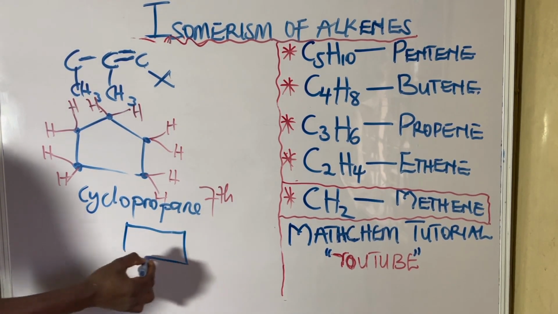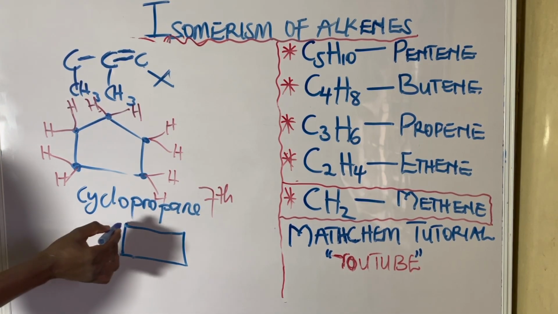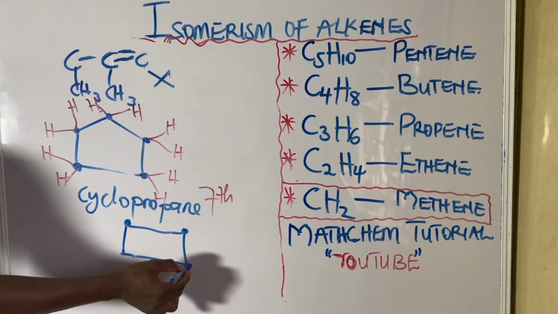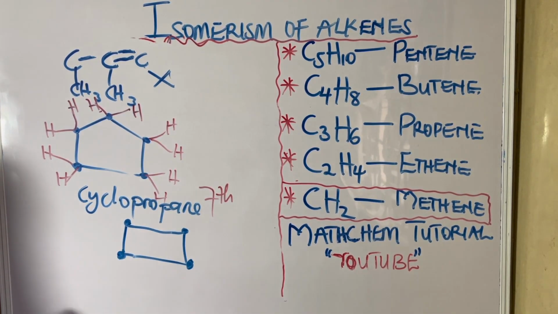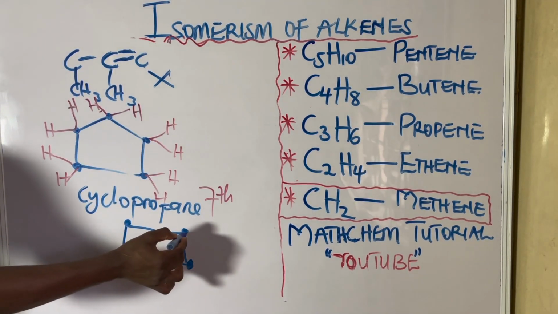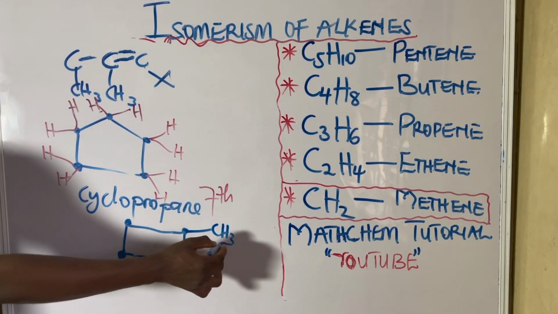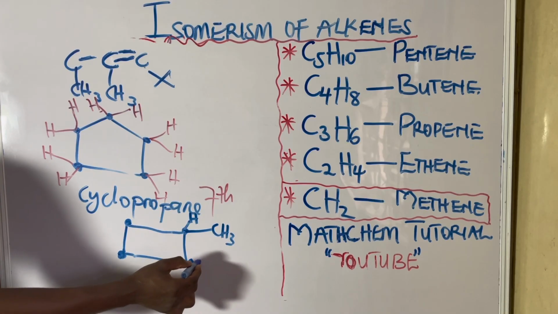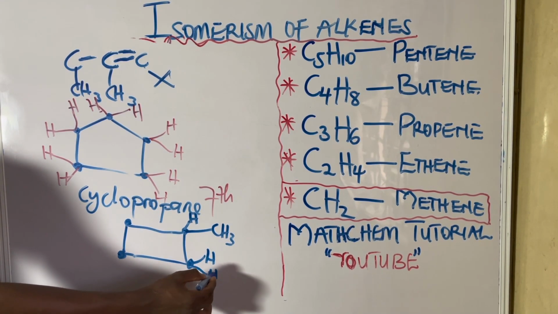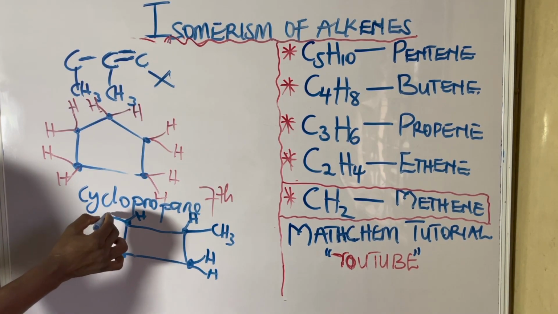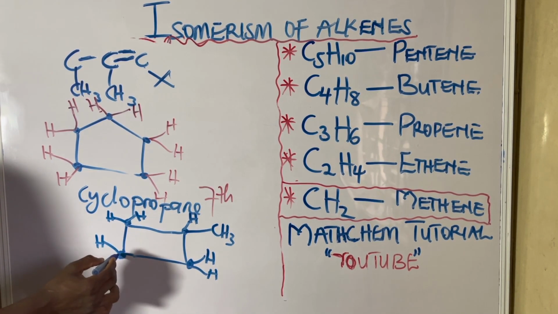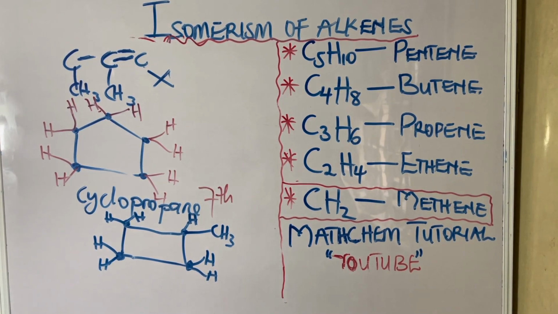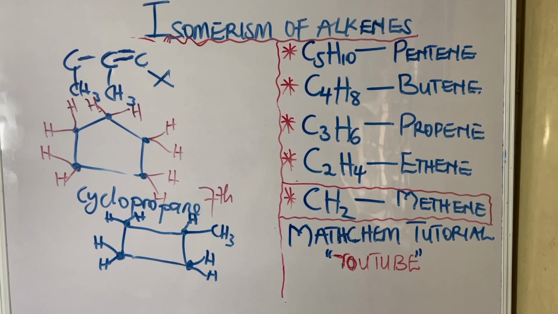If I have this compound like this, then remember that I have one carbon here, another carbon here, another carbon here. So this carbon here can have the methyl, CH3. Here can be hydrogen, and also I can have hydrogen here, then hydrogen here, hydrogen here, and hydrogen here. So having this now, the number of carbons there is 5, and the number of hydrogens is 10.